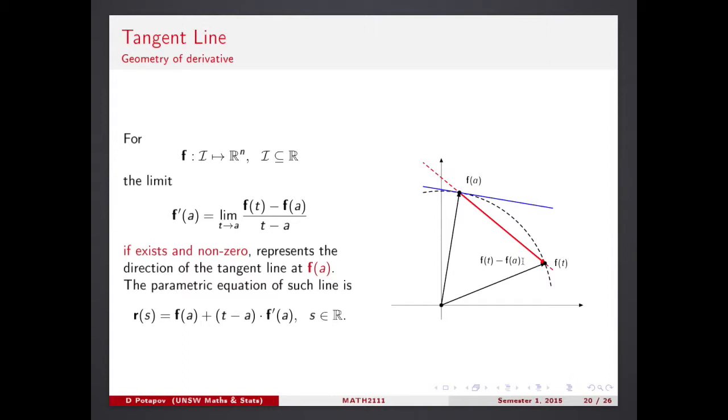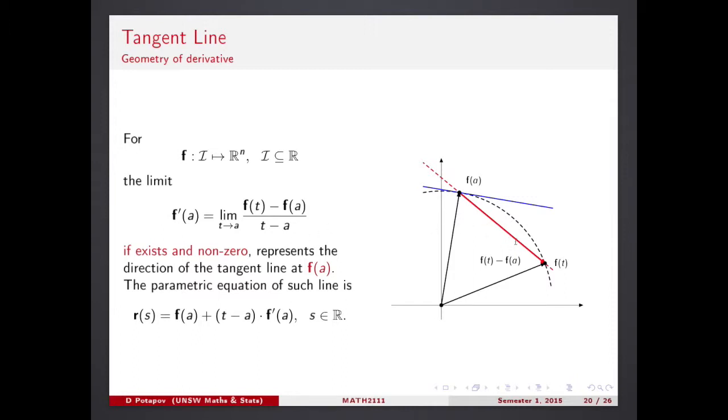Well, not exactly. The red vector is the difference between f of t and f of a. But when you scale it with the scalar 1 over t minus a, it will be longer, because when t approaches a, t minus a becomes a small number and its reciprocal is a larger number. So you're stretching your vector.